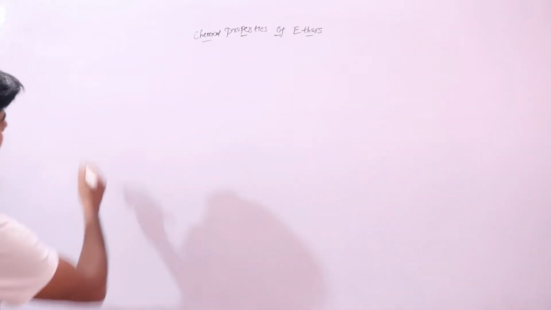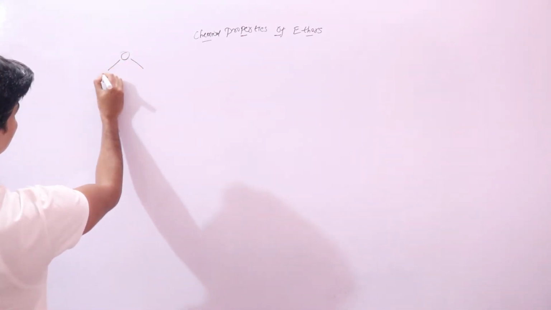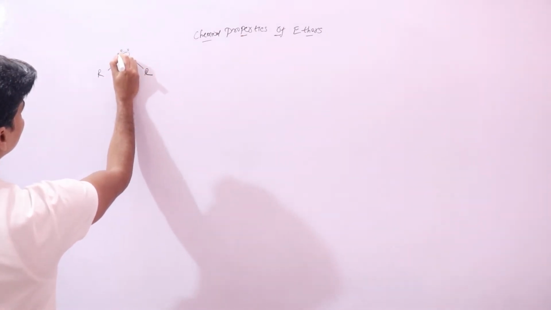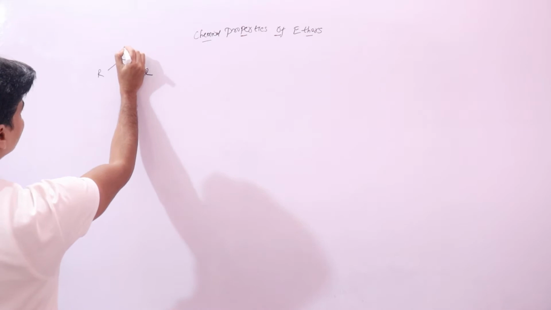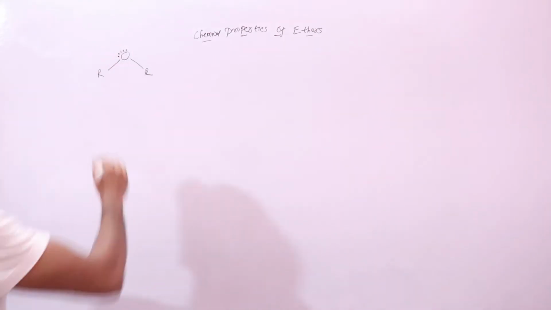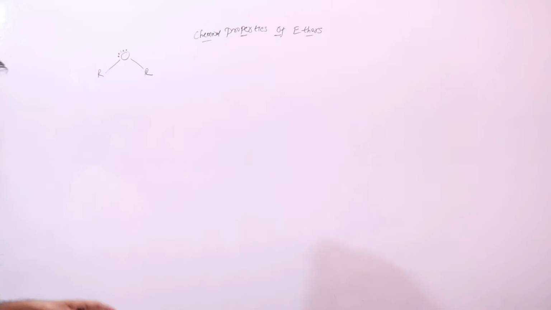So let's first look at ether. This is how an ether looks like. R, it has two lone pairs of electrons, and it is bent shaped like that of water.